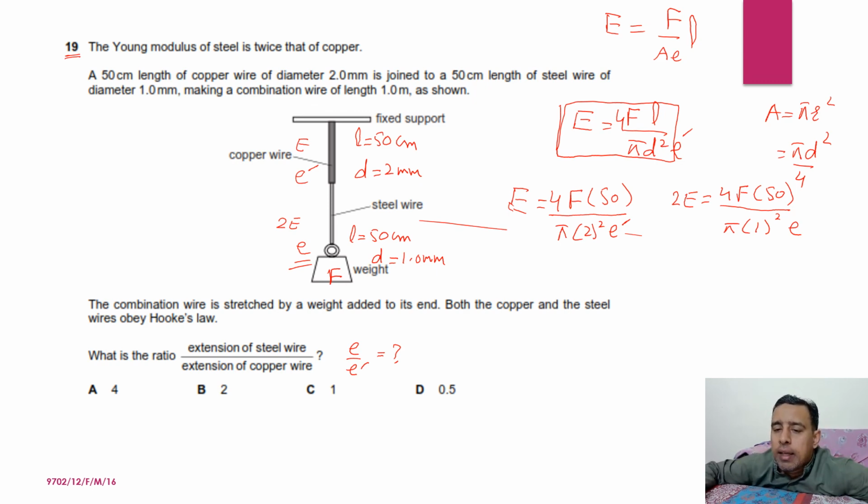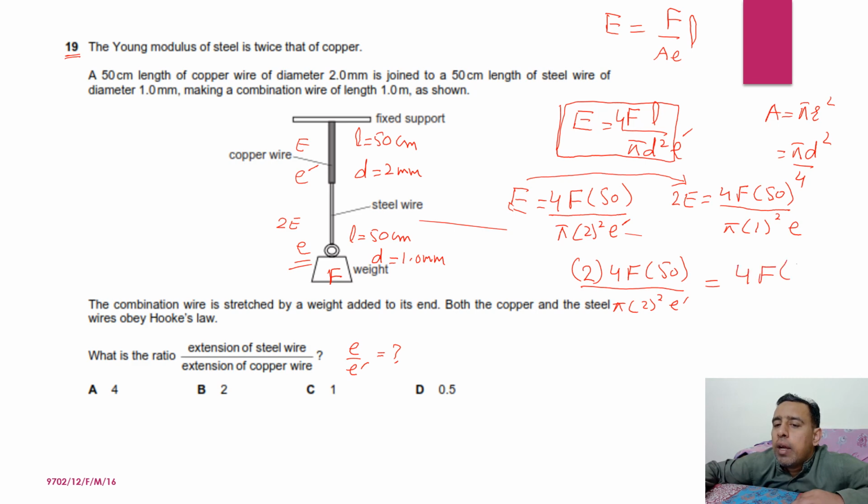When we compare these relations, the units will be cancelled out. We may compare them like for F, 50 is the same on both sides. I'm just going to put this E over here. And then at the last we will cancel the common factors. So this is 4F 50 by pi 2 square e dash is equal to 4F 50 by pi 1 square e.